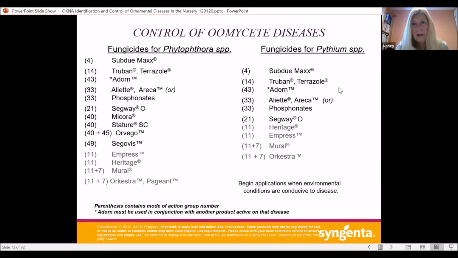So we've got a good list here of fungicides for both Phytophthora and for Pythium. These are the ones that really work on Phytophthora, and then you've got the other FRAC 7 and 11 group that also have activity. They're not strictly for Phytophthora, but if you're controlling Rhizoctonia, you're going to get some additional protection with those products as well. And the same thing with Pythium here.